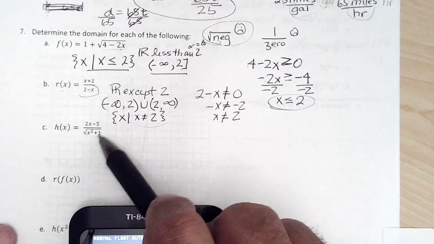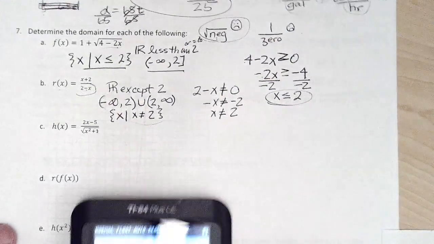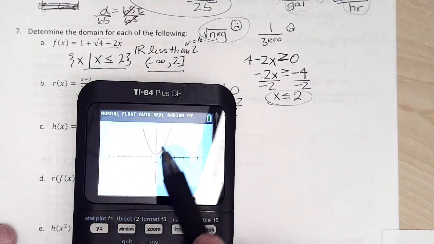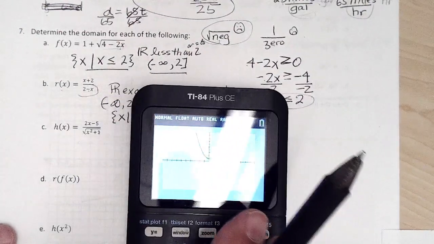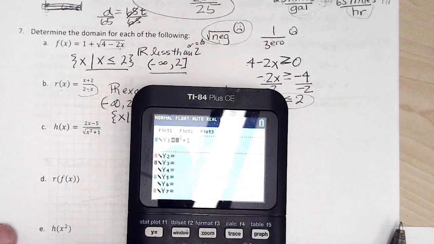Does the square root ever become 0? Because that would be division by 0. Well, look at this. What's in there is never 0, so the square root of that is never 0. If you don't believe me, we can go on here and go second insert square root. Oh, and that's got to have all of that in there, so I better just clear and go square root of x squared plus 1.